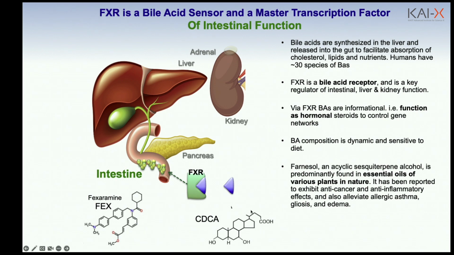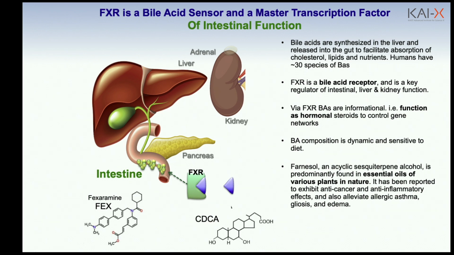What I want to specifically point out here is my lab created a ligand for FXR that's a synthetic compound. This is a chemical that we made in the laboratory. It binds selectively to FXR, and in particular, this compound only acts in the colon. It does not get into the body, does not get into the bloodstream.